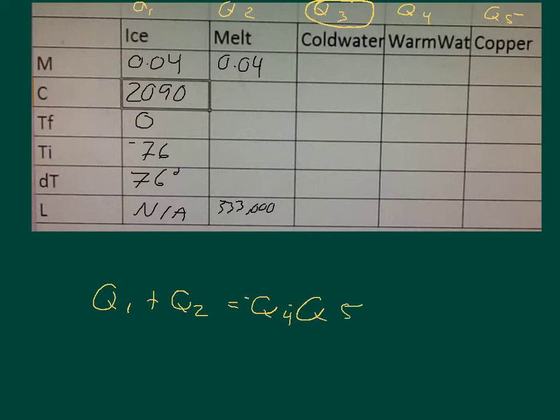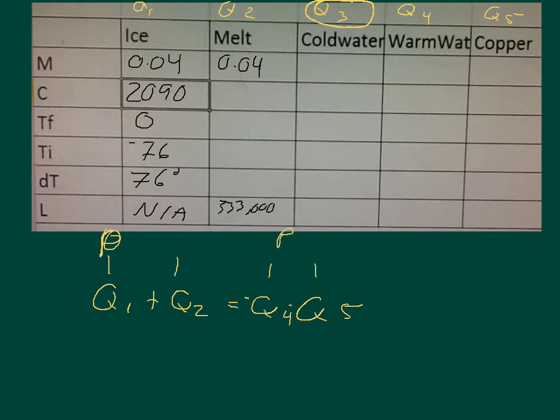If the ice just completely melts and that's it, then Q1 and Q2 have heat being added, and Q4 and Q5 have heat being taken away, so these terms are going to be positive. This has to be a positive term, and the negative of these losses has to be a positive term.